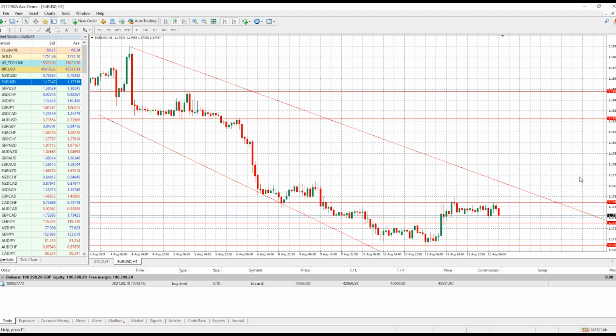Let's prepare a buy stop pending order above this resistance, because what if the PPI numbers come out better than expected or worse than expected and create a further weakening of the USD now, a further recovery of the Euro back up?